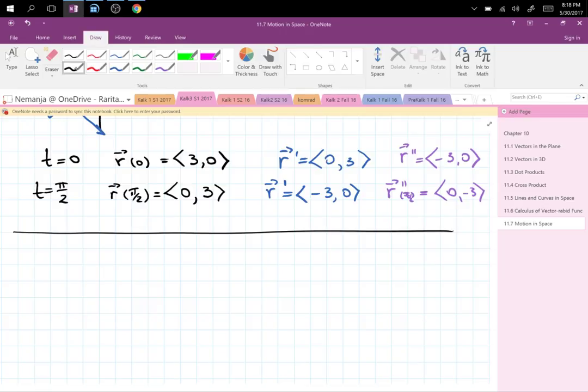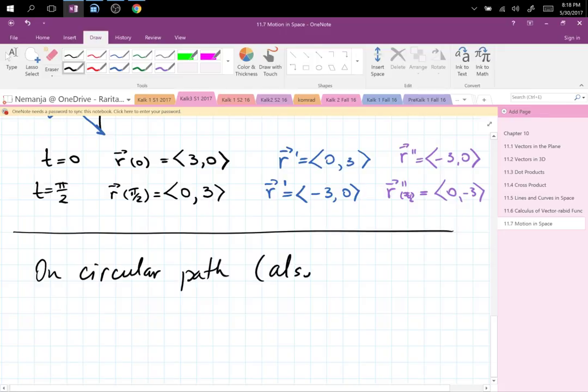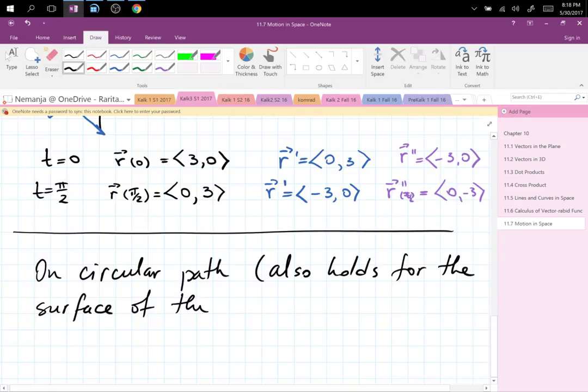So on a circular path, the result here also holds for the surface of the sphere. The dot product, so r dot v, is equal to 0, because they're perpendicular.